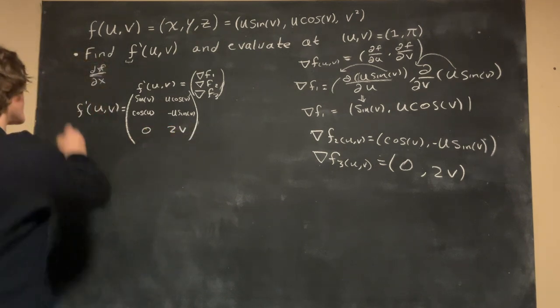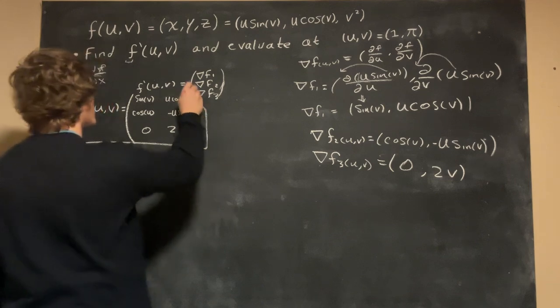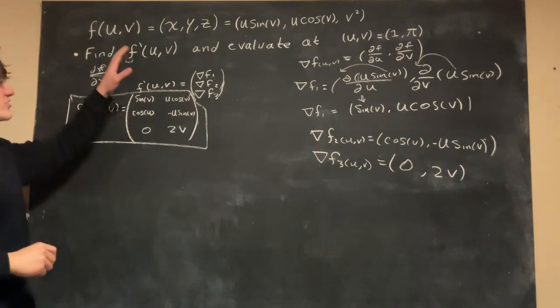So this is our f prime of u comma v. We have answered the first part of this question.